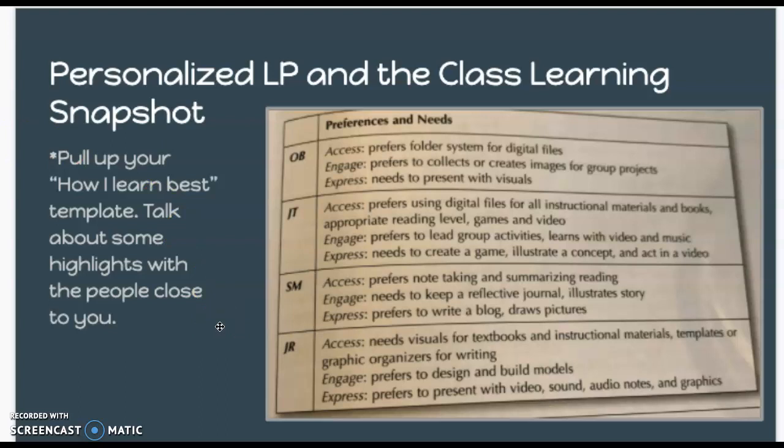And you are going to be thinking through your challenges and your strengths as a learner, but also your preferences and needs. So a preference for access would be maybe you like a folder system for your digital files. Maybe you like to create or collect images for group projects. Maybe you need to present with visuals. Perhaps you prefer using digital files for all of your instruction materials. Maybe you like to lead group activities.